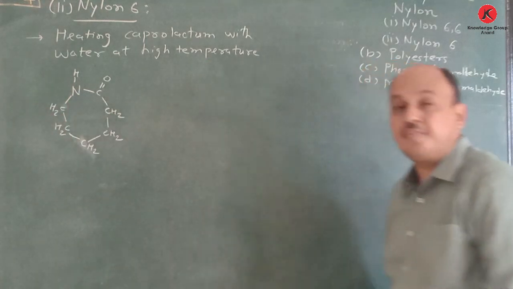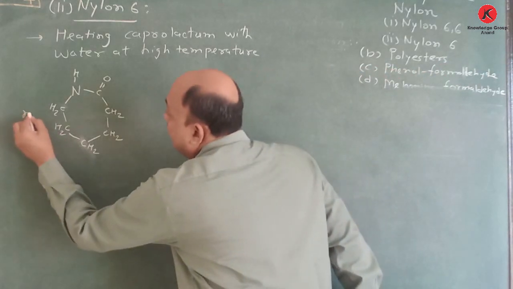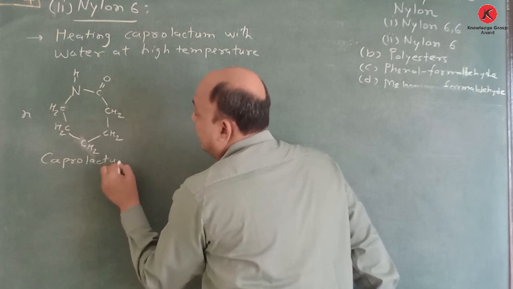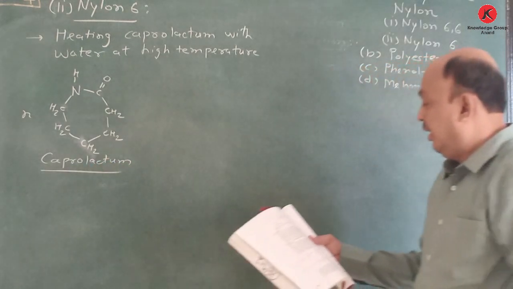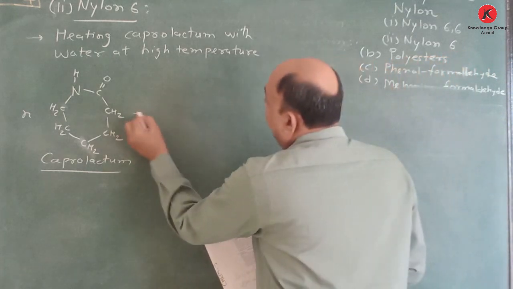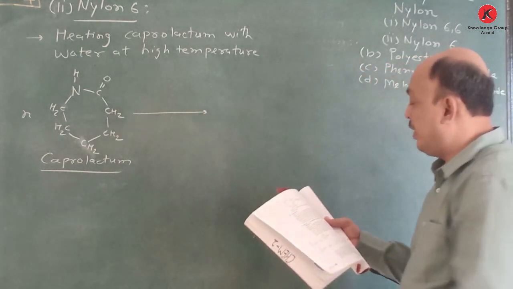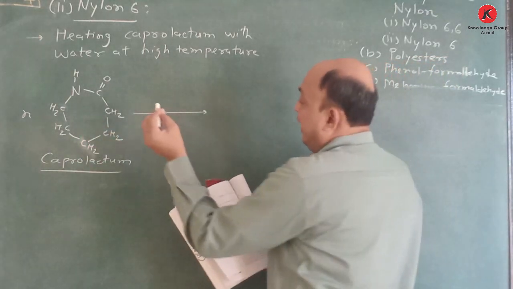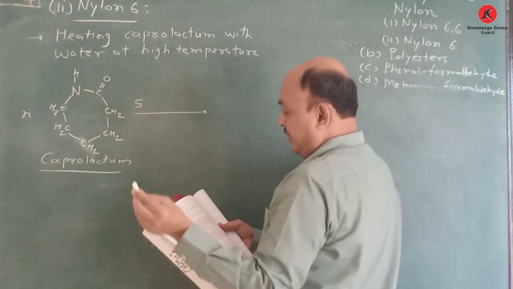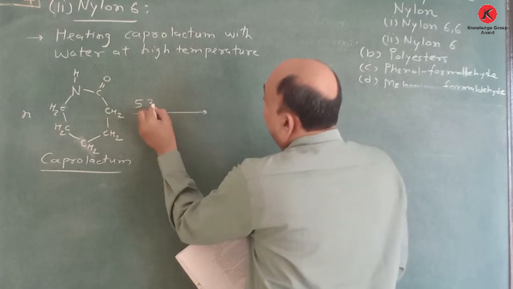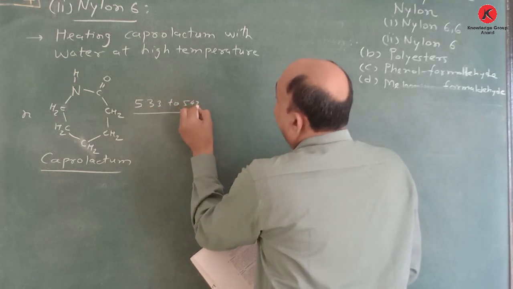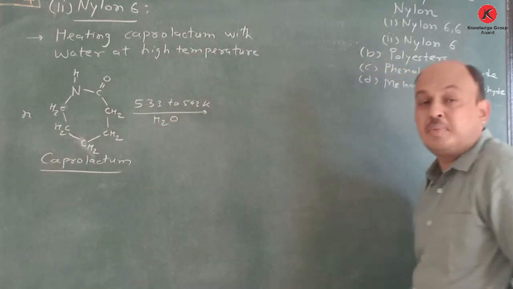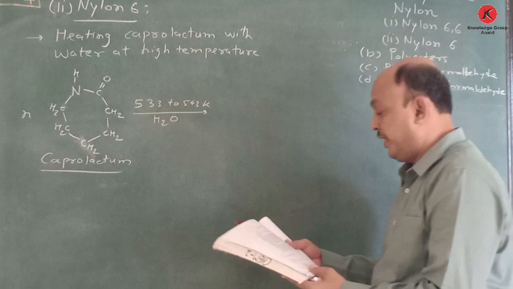Okay, so this is the formula of caprolactam. So n molecules of caprolactam undergo polymerization. Which type of polymerization? Condensation polymerization. And just see, here a water molecule is removed. The temperature is 533 to 543 Kelvin, remember. If you don't know the temperature, then you put delta. But write the complete one, that is 533 to 543 Kelvin.